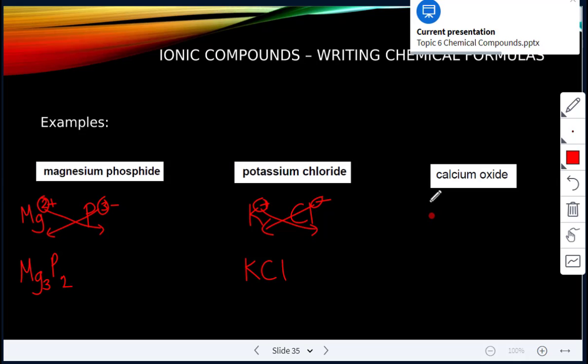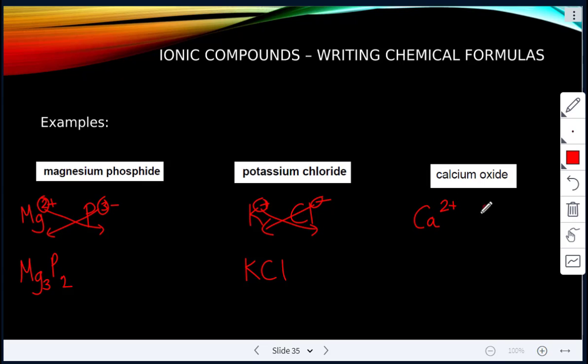Okay, so writing that out is calcium 2 plus, oxygen is 2 minus. Next, we're going to crisscross. Okay, that becomes Ca2O2. But we are able to reduce these 2's into the simplest ratio. So it becomes just CaO.